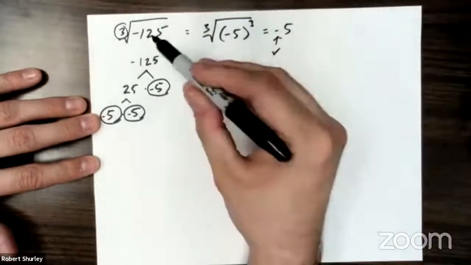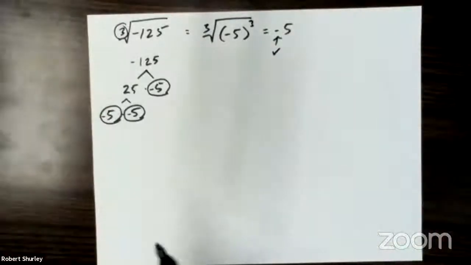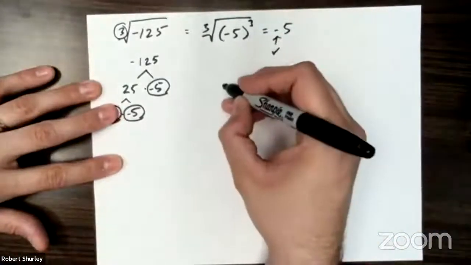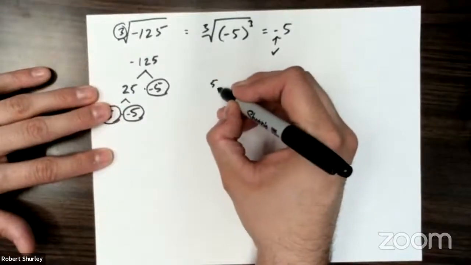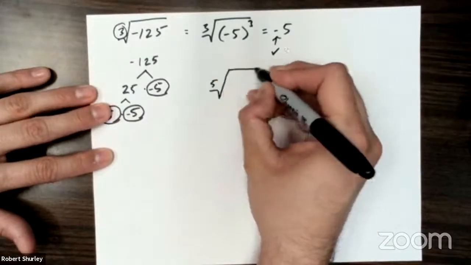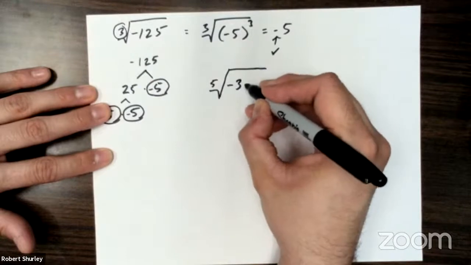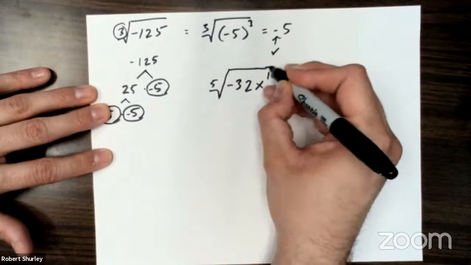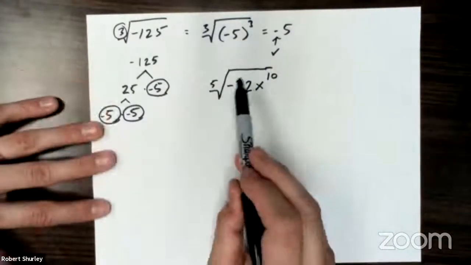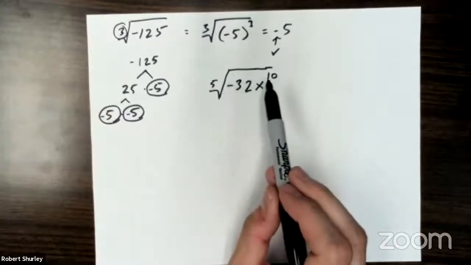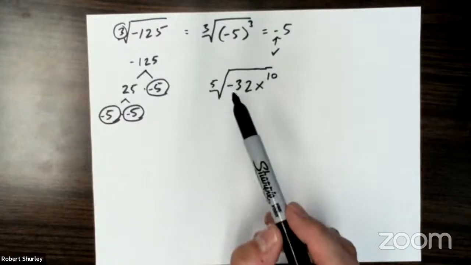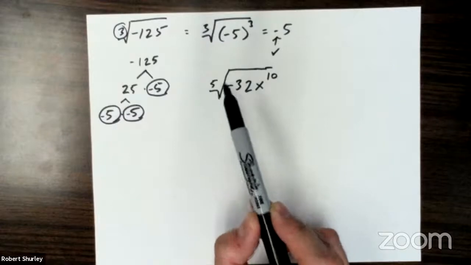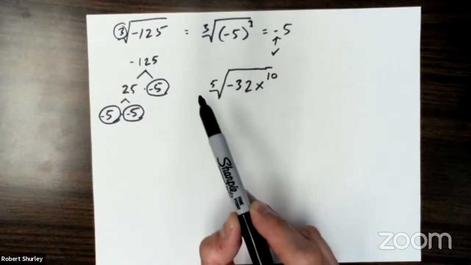And a lot of times when I see students simplify these, if they see an odd root, let's do another. Let's do a fifth root. Let's say we've got negative 32x to the 10th. If we've got the fifth root of negative 32x to the 10th, a lot of times students automatically, if it's an odd root, just take that negative out.